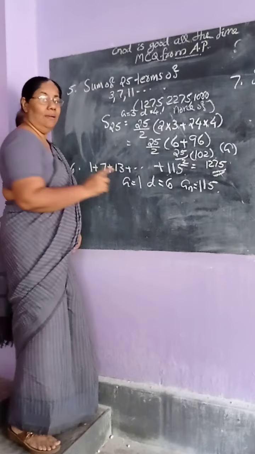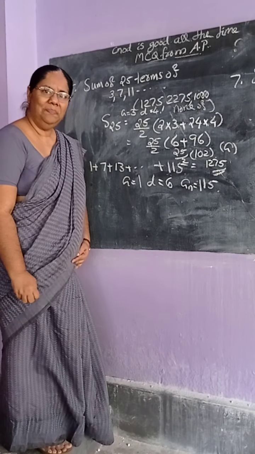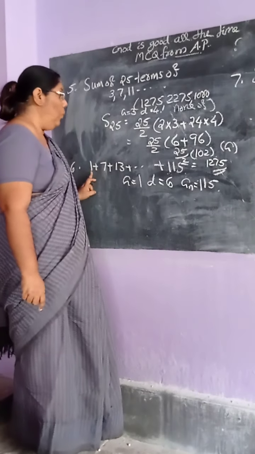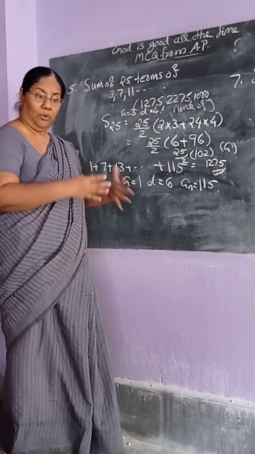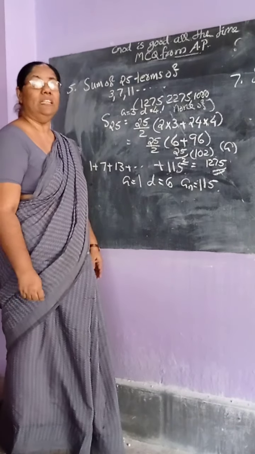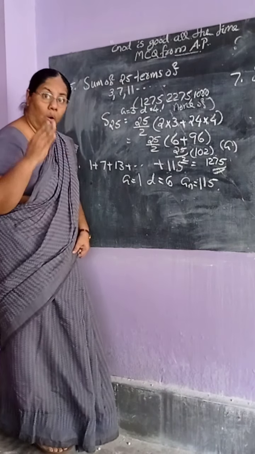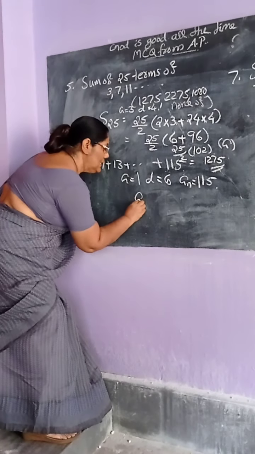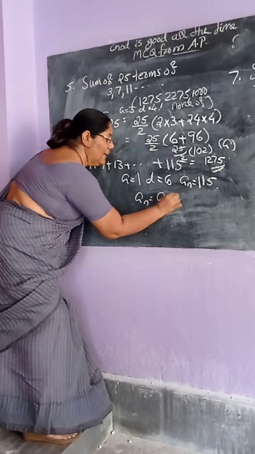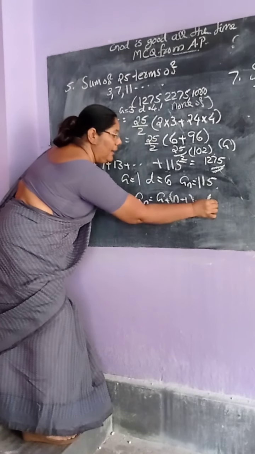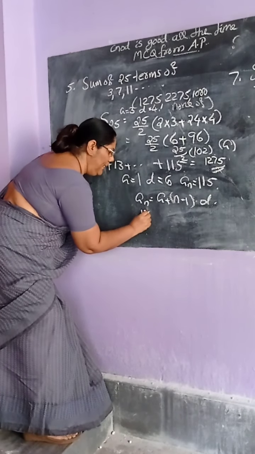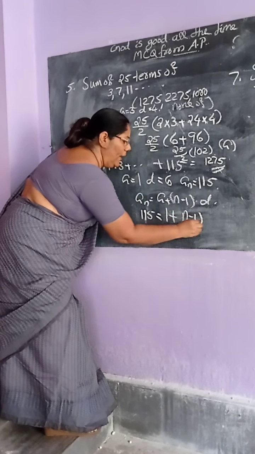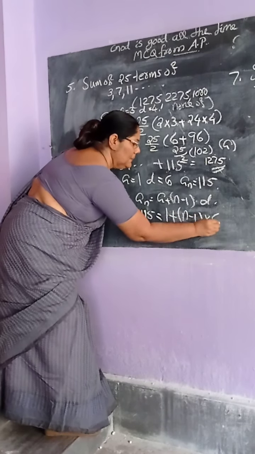Understand? Then, can you say what's the first term? Yes, find how many terms there are between 1 and 115. To find how many, we apply an. An is equal to a plus n minus 1 into d. So 115 equal to 1 plus n minus 1 into 6.